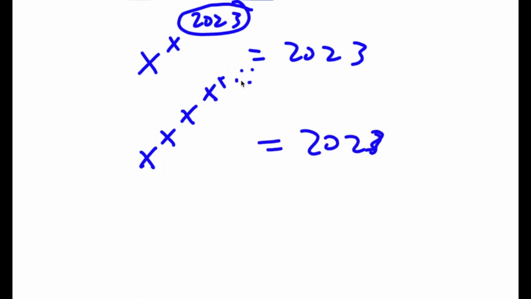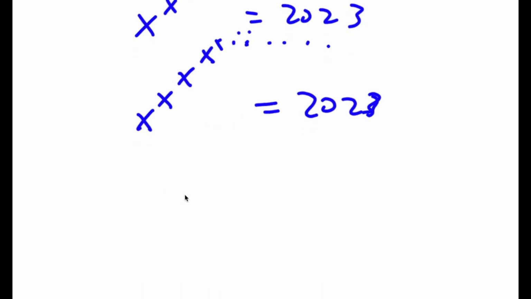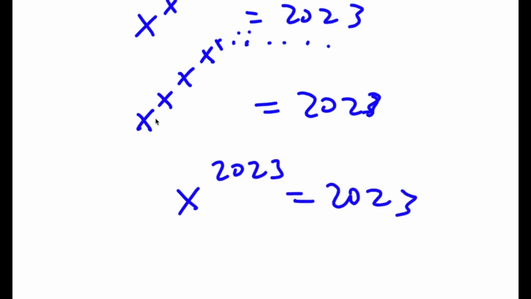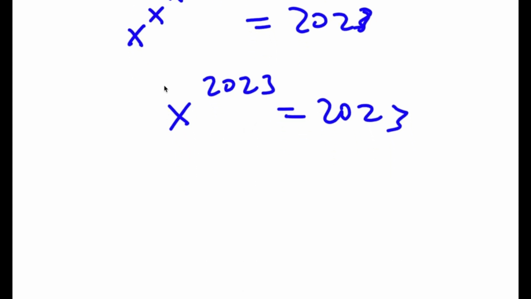So, if it infinitely goes on and on, then I can just set this as x to the power of 2023 is equal to 2023. And I can set all these x's as simply just x. So now if this is true, I can simply take the power of 1 over 2023 on both sides.